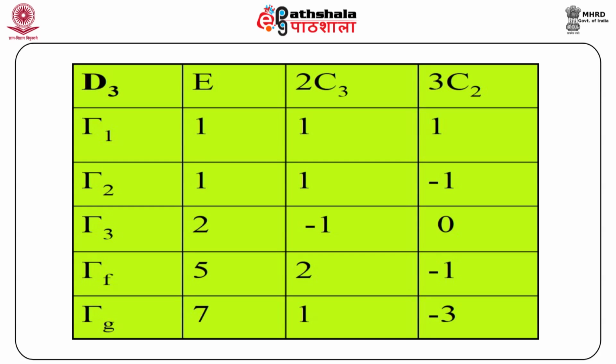Okay, let us take the table in which tau F has the characters for the reducible representation as E equal to 5, C3 equal to 2 and C2 equal to minus 1. And I want to now reduce this tau F into tau 1, tau 2 and tau 3. Now, let us make use of the equation as discussed earlier.